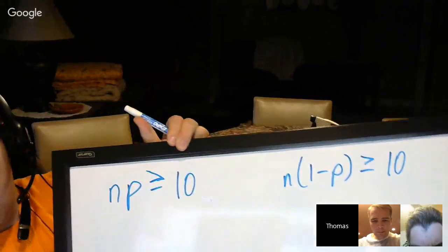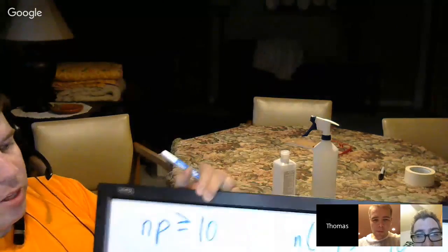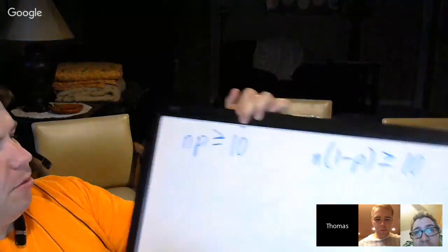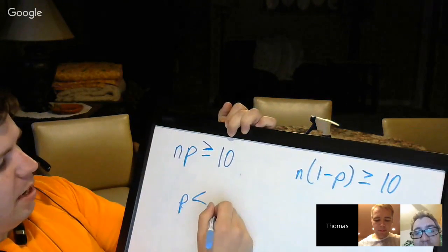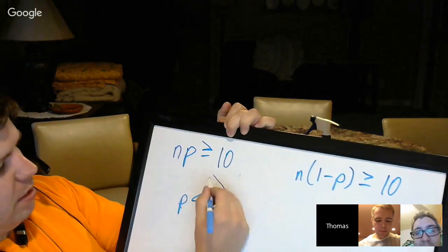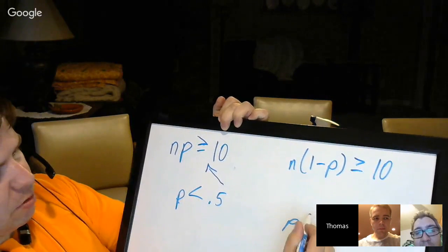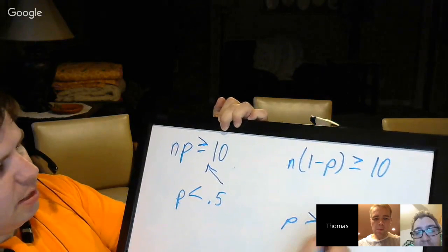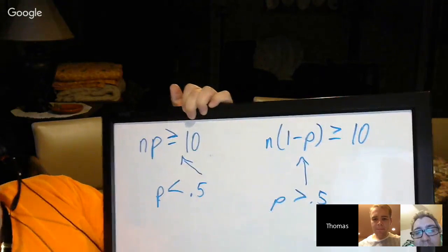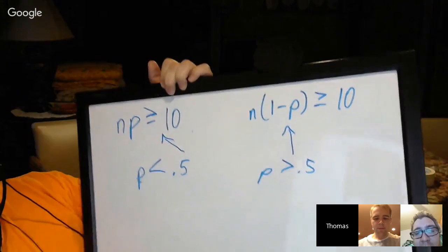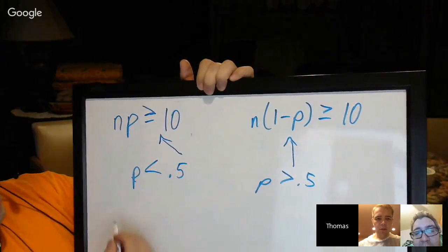Yeah, not a problem. And so, one thing when we have both of these, you really only need to check one of them. So basically, if your P is less than 0.5, you use this test. And if P is greater than 0.5, you use this one. And if it is 0.5, you can use either. Does that make sense? Yes, it does.